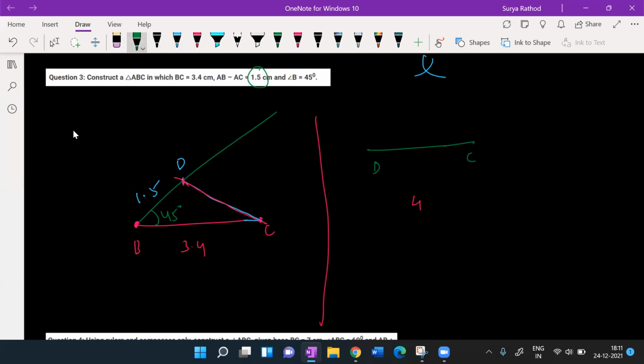How can we draw the perpendicular bisector? Taking more than half length, I'm taking 2.5 somewhere. The gap between the needle and pencil should be like 2.5 or 3. So I'm drawing an arc from this point like this.